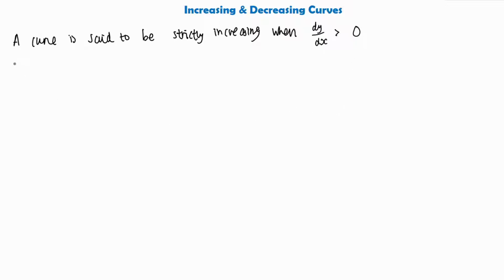We will also say that a curve is said to be strictly decreasing, and as you can guess, it's going to be when the derivative is less than 0. So let's visualize what this will look like.